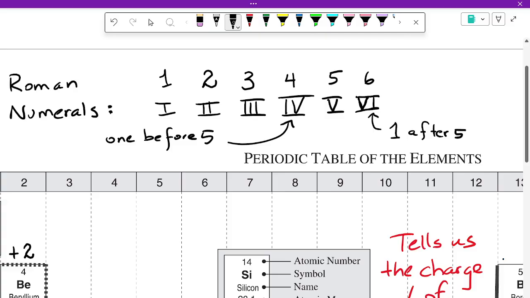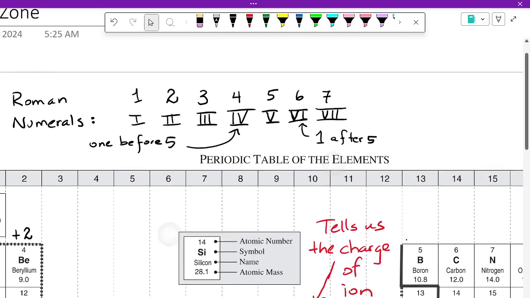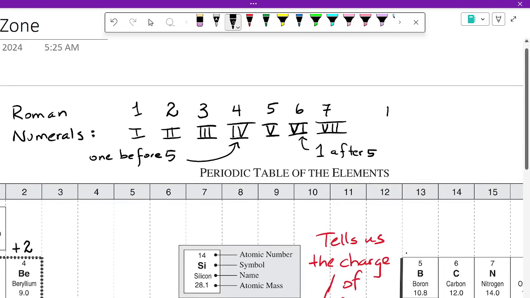And I don't think you actually need it, but let's do 7 just in case. Can you guess what 7 is? 2 after 5. So those are your Roman numerals. So what you'll see is you'll see something like iron 3.